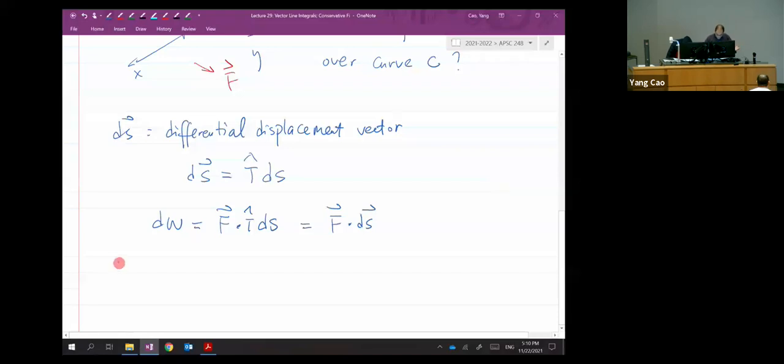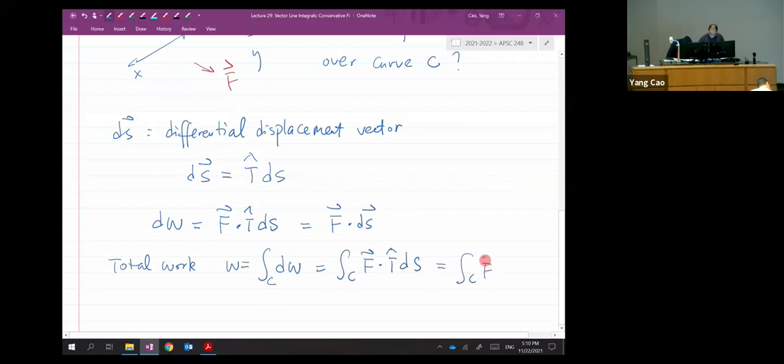But what you really want is the total work. So the total work is just the integral of dW, integrating over the curve C. You're adding up all the small work and you get the total work. So basically we're integrating F dot t hat ds, or equivalently F dot ds vector.